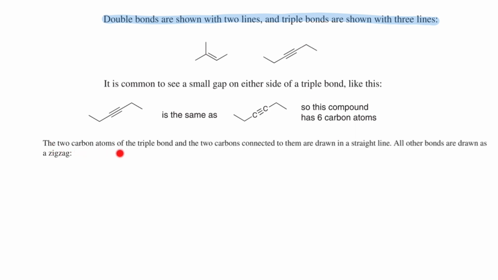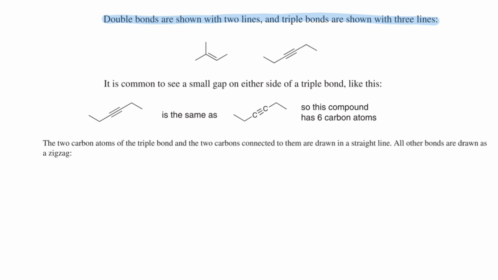The two carbon atoms of the triple bond and the two carbons connected to them are drawn in a straight line. All other bonds are drawn as zigzag. Keep in mind that in this structure the triple bond is drawn as a linear structure because the triple bond is sp hybridized with a 180-degree angle.